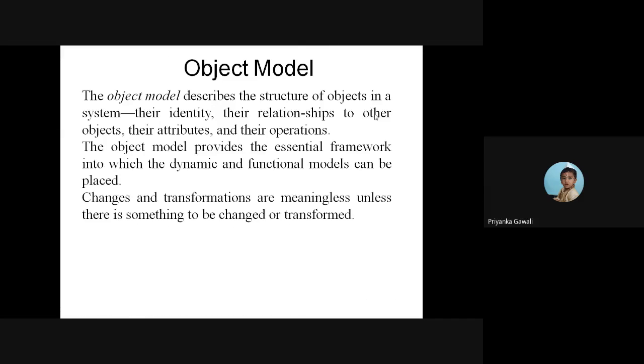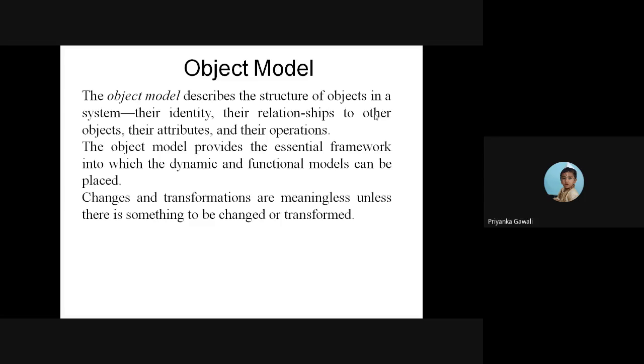An object model describes the structure of objects in the system, their identity, their relationships to other objects, their attributes, and their operations. The object model provides the essential framework into which the dynamic and the functional models can be placed.